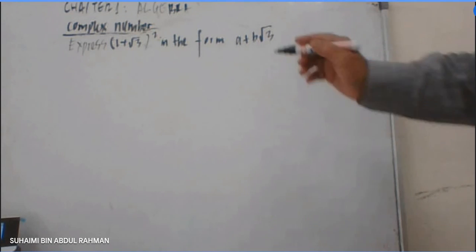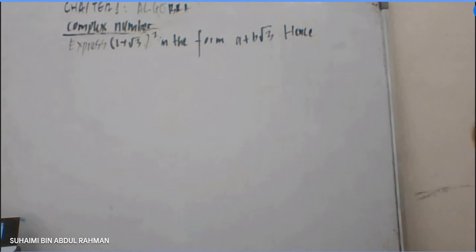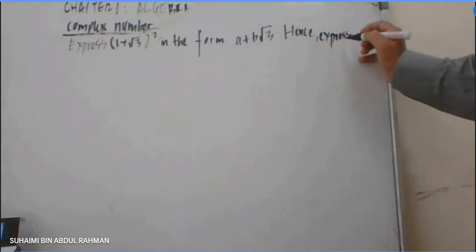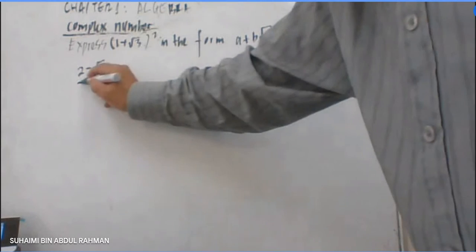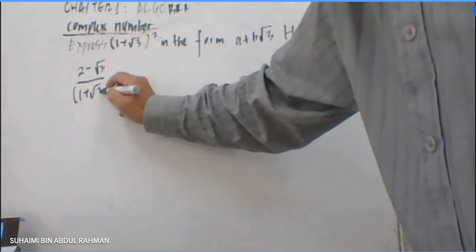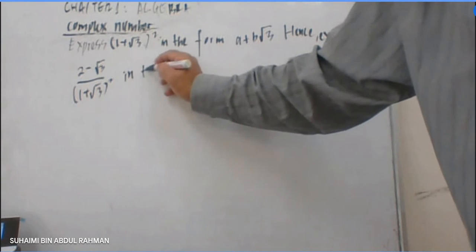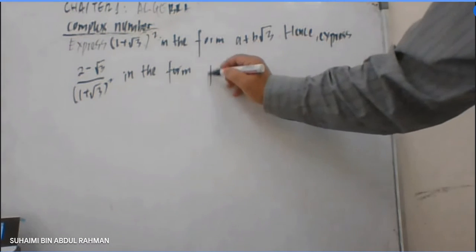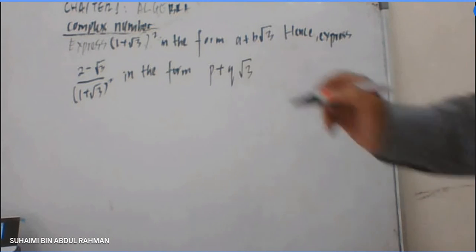Hence, express 2 minus square root of 3 divided by 1 plus square root of 3 squared in the form p plus q square root of 3.